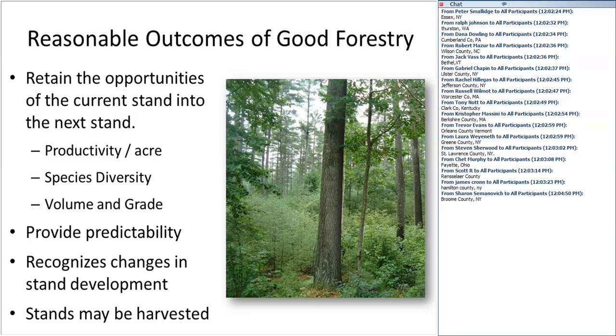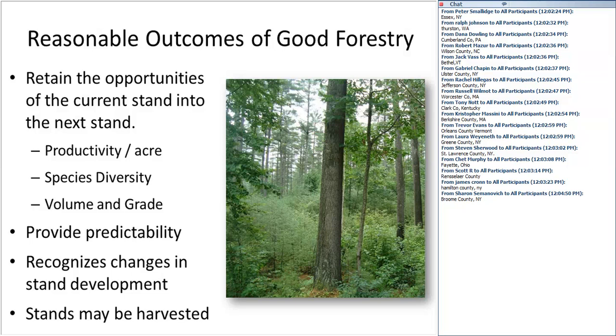We want to be able to retain the potential for things like productivity per acre, species diversity, volume production, grade, and things like that. We should be able to have some predictability about how the woodlands respond to what we're going to do.